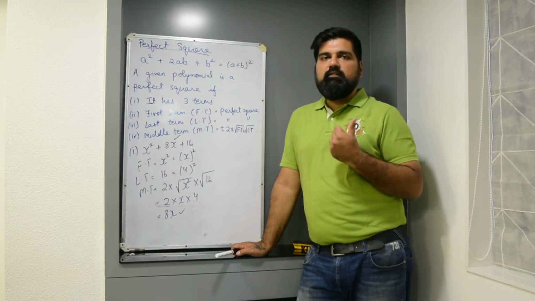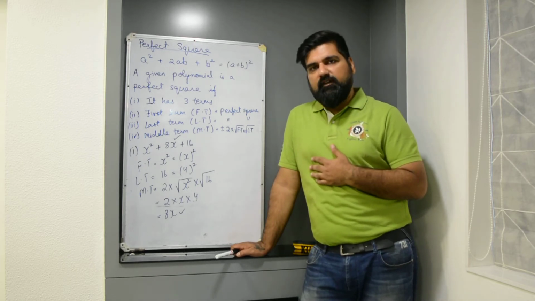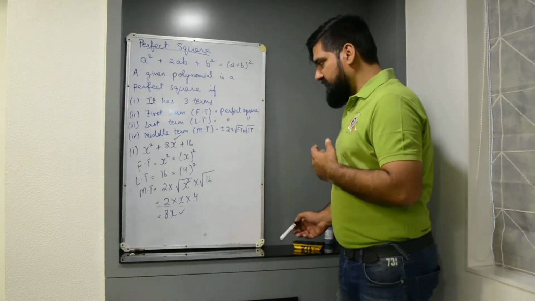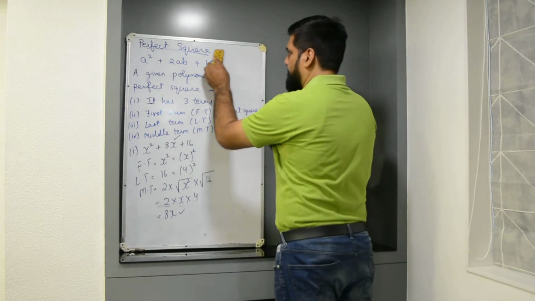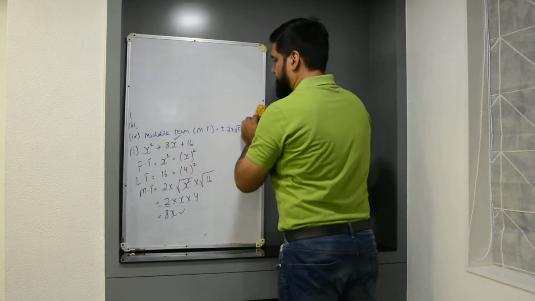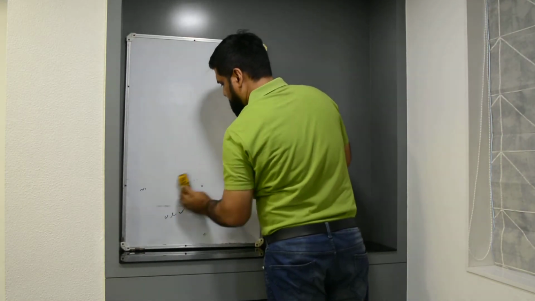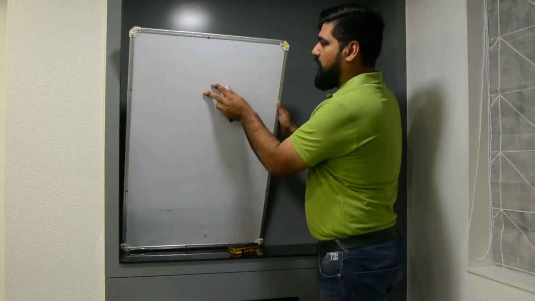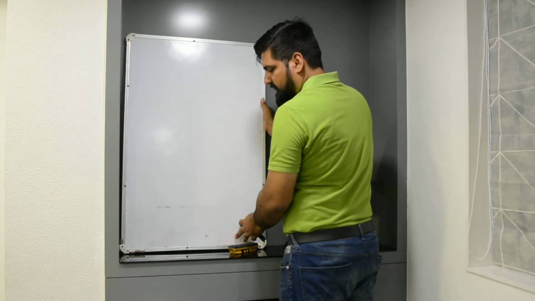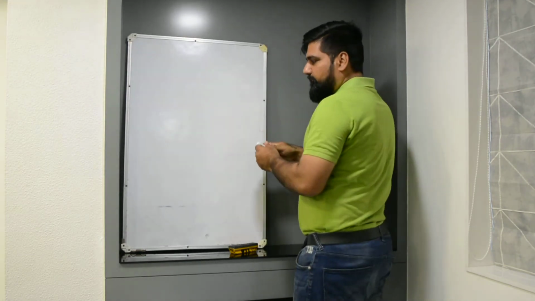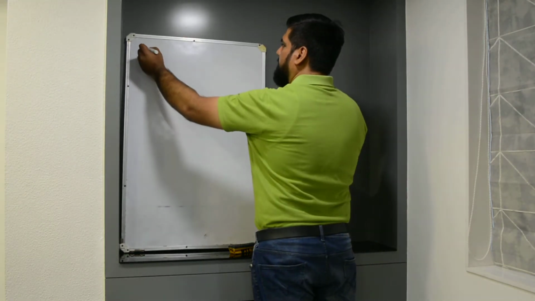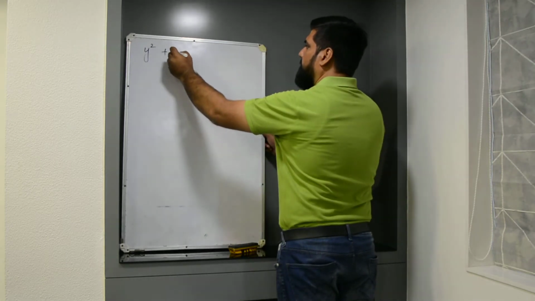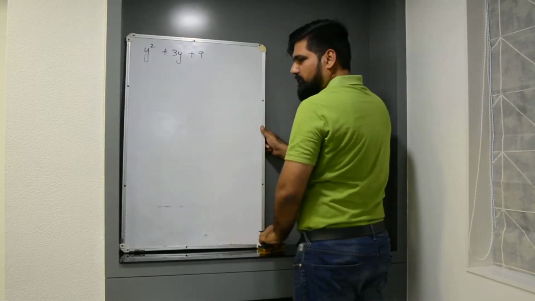But even if one of the conditions had not been satisfied, then the given polynomial would not have been a perfect square. Let us take one more example: y² + 3y + 9.